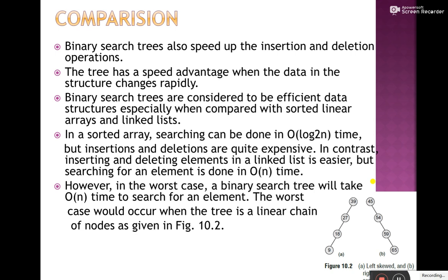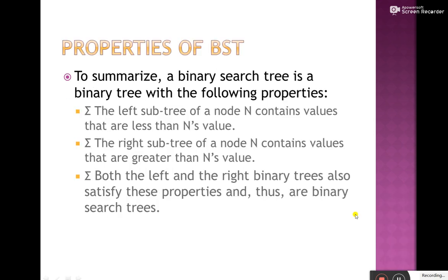However, in the worst case, a binary search tree will take order of n time to search for an element. The worst case could occur when the tree is a linear chain of nodes like this. Means either there is only a left part or there is only a right part. In such a case, the worst case searching operation may happen, which will take order of n time to search for the element in a binary search tree.